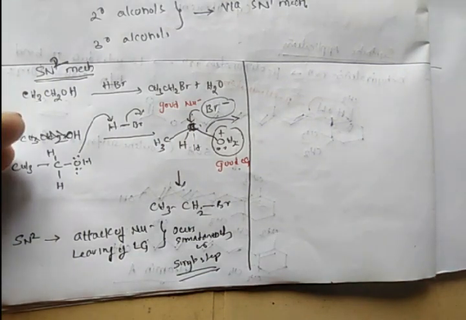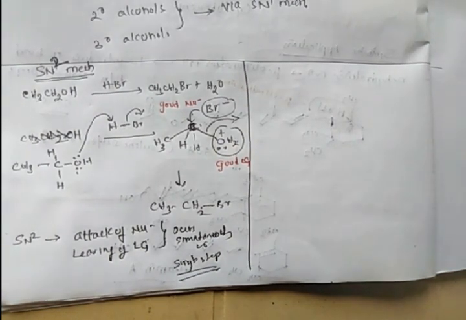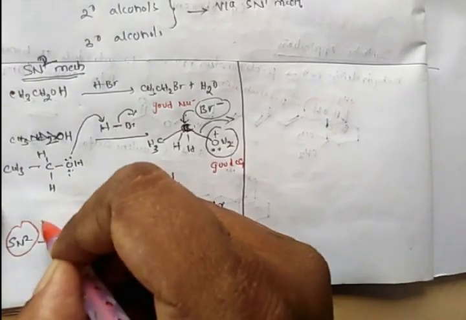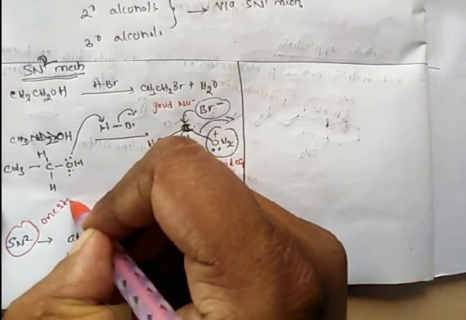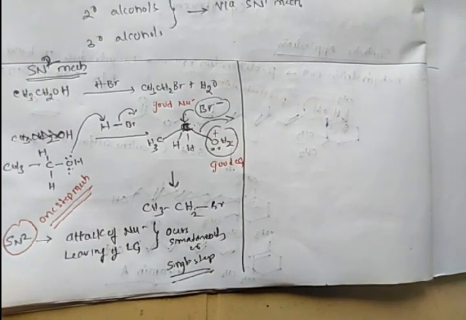But in the SN1 mechanism, the attack of the nucleophile takes place in one step and the leaving of the leaving group takes place in another step. So SN1 is a two-step mechanism and SN2 is a one-step mechanism. It is also a key feature of the SN2 mechanism. I will explain these SN1 and SN2 reactions when you study alkyl halides.